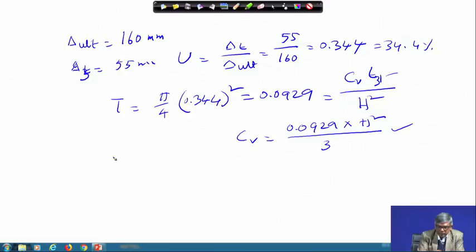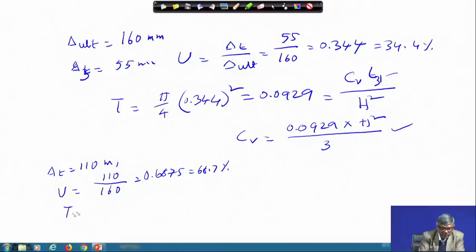Now, when delta t equals 110 millimeter settlement, U becomes 110 divided by 160, that is 0.6875, that means 68.7%.